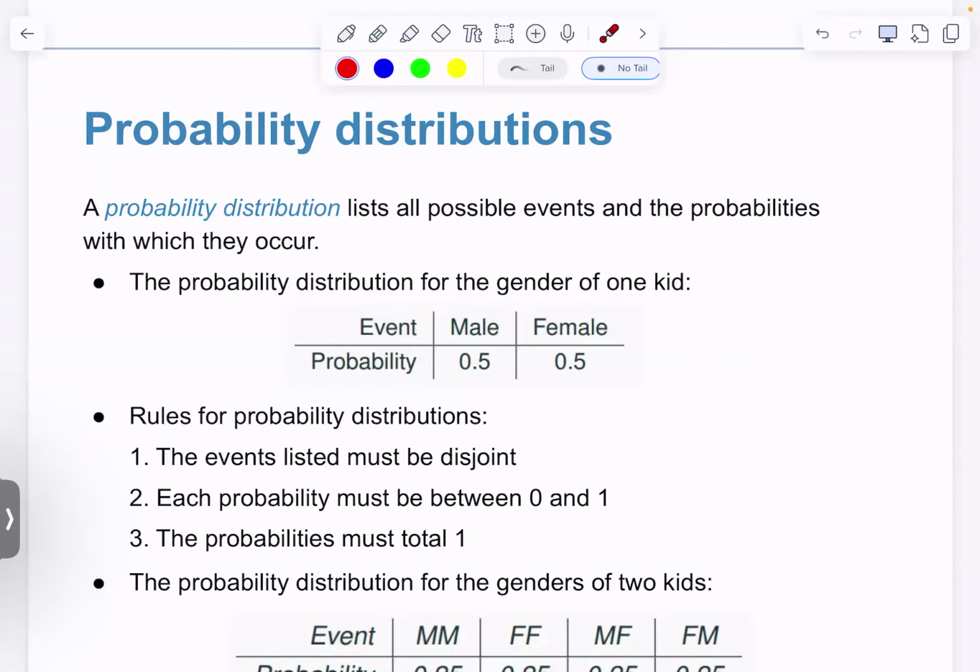Now, what a probability distribution does is it lists all the possible events and the probabilities with which they occur. Usually, the events go up top, and the corresponding probabilities go below, usually.